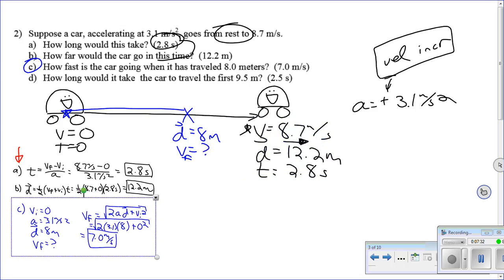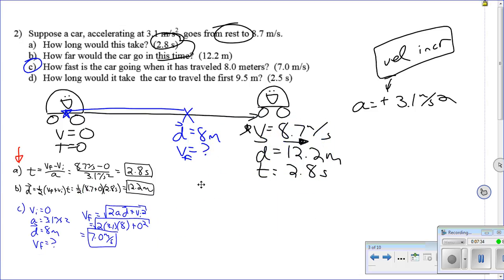All right, and then finally, question D. D says, how long would it take the car to travel the first 9.5 meters? So now we're looking at another displacement, so maybe that's here, where our displacement is 9.5 meters. All right, and we're trying to find the time. So it looks very similar to the last problem, except instead of looking for the final velocity, we're looking for the time, right?